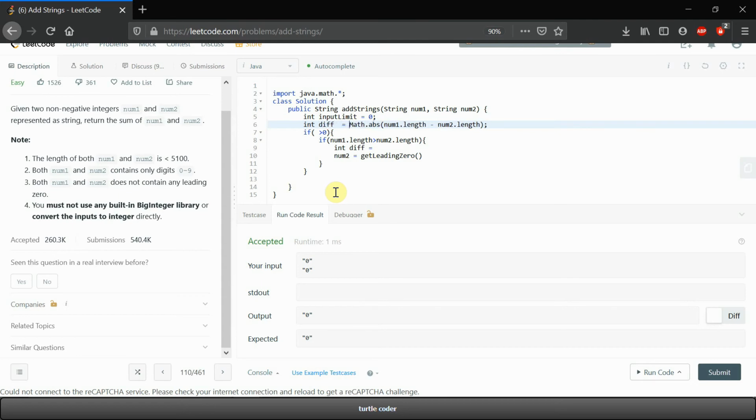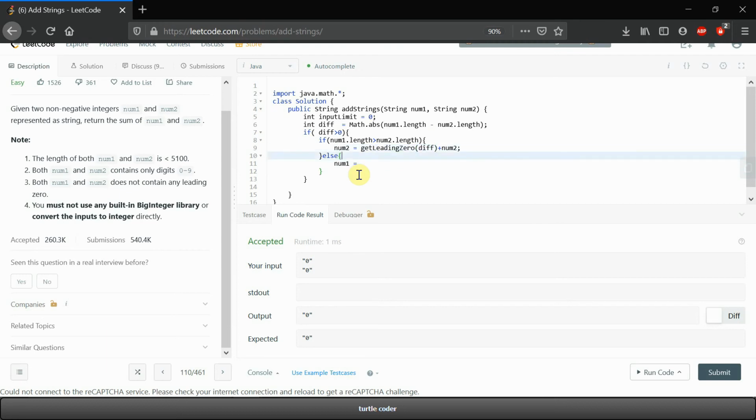This is the difference, and if the difference is greater than 0, then get those number of zeros and add num2. Else that has to be the situation where num1 dot length is smaller than num2, so num1 has to be prepended with the leading zeros.